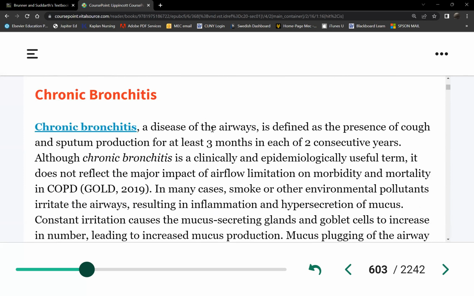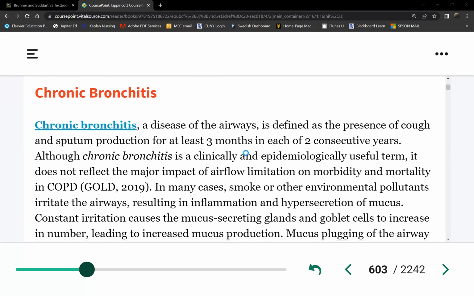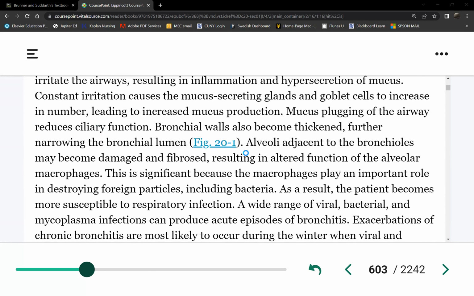When we say chronic bronchitis, this is the upper airways. Let's imagine your respiratory system. So we have the upper and lower respiratory tract.